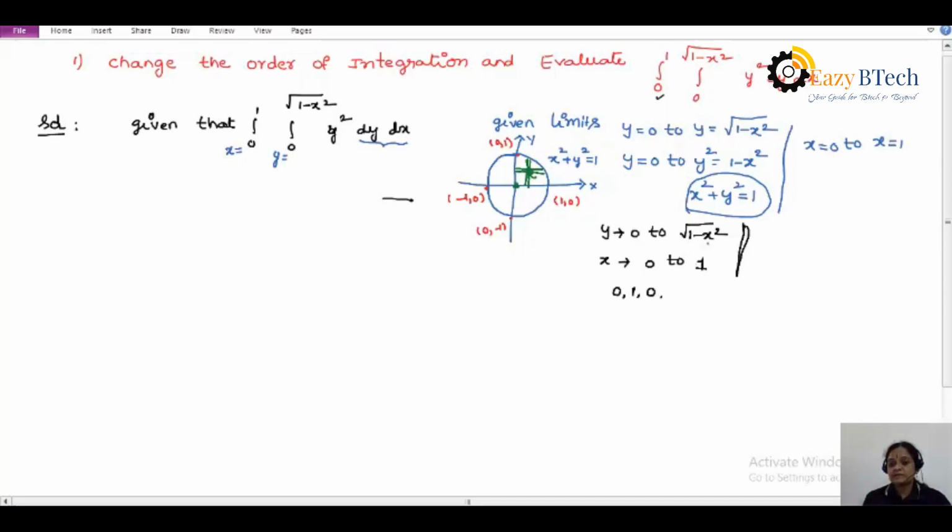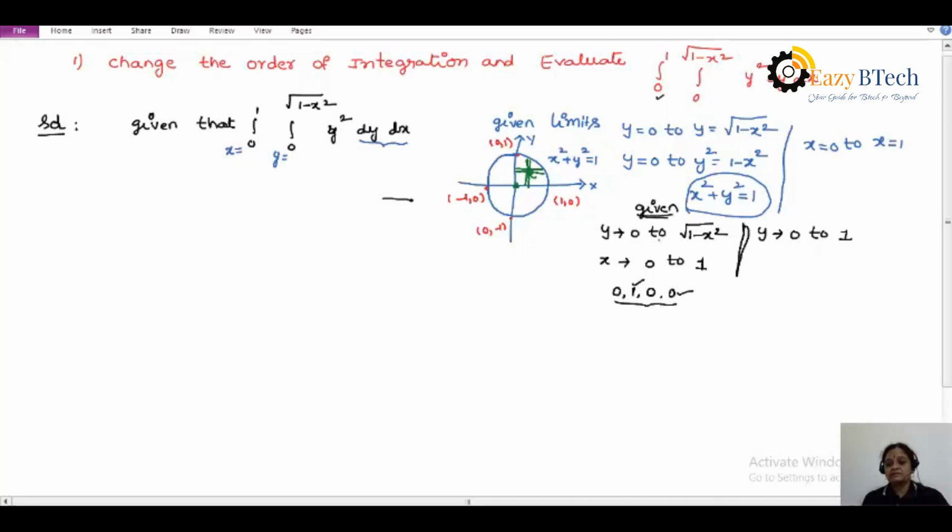And again substitute the value of x here, that means if x is equal to 1, the value is 0. So what we did here is substitute x limits in the y value. Then in these 4 values, identify the minimum value and maximum value. Minimum value is 0 and maximum value is 1. Then these 0 to 1 become the y limits. 0 to 1. Got it students? Because it was given in limits.